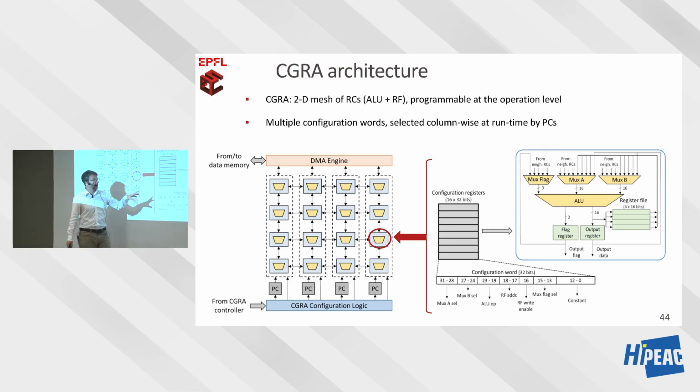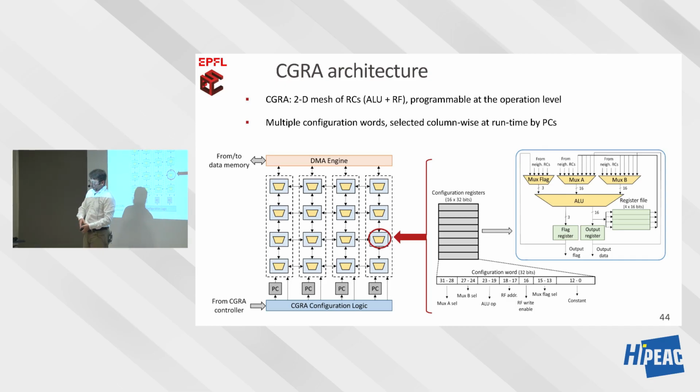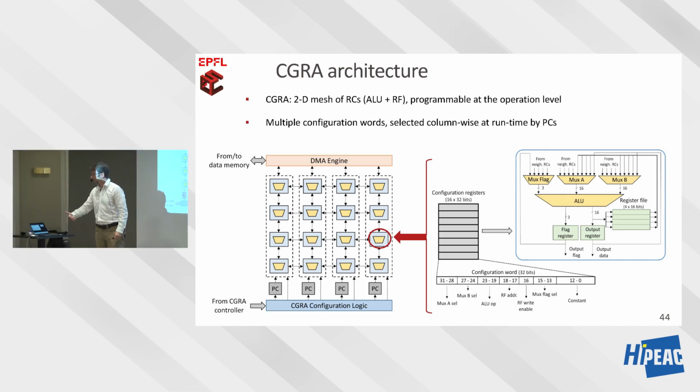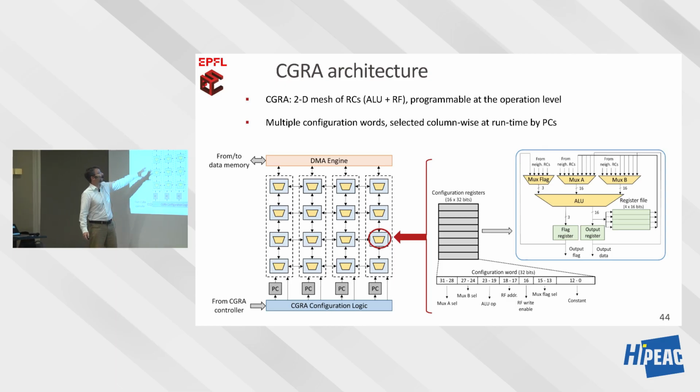Since the amount of control is limited, we can afford to have multiple control words for each unit, so we can have a set of configuration registers. In this case, each one was 32 bits, and this register can be cycled at runtime. There is a program counter which dictates what each of these does, and depending on this program counter, each of these ALUs will do something useful.